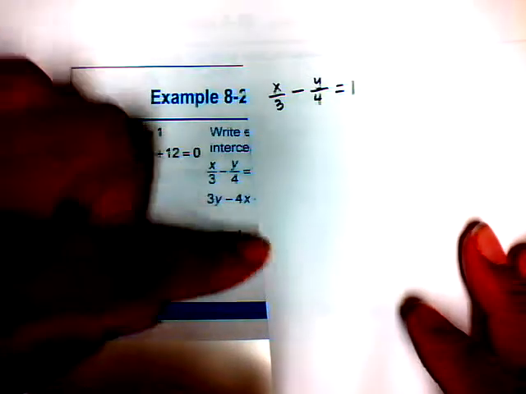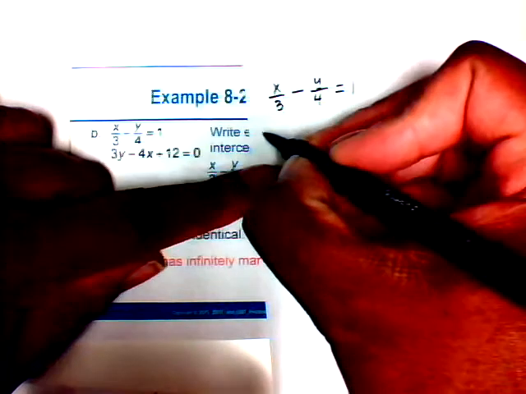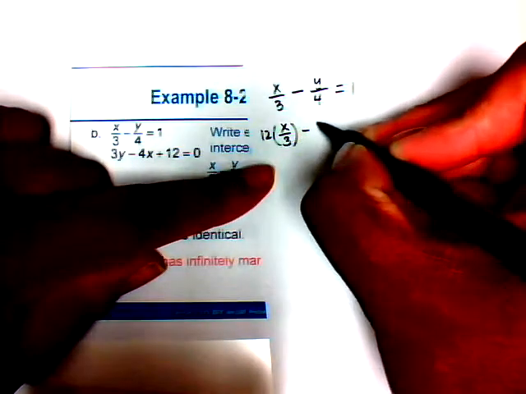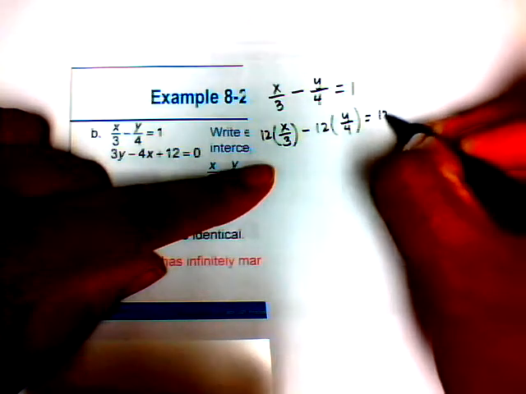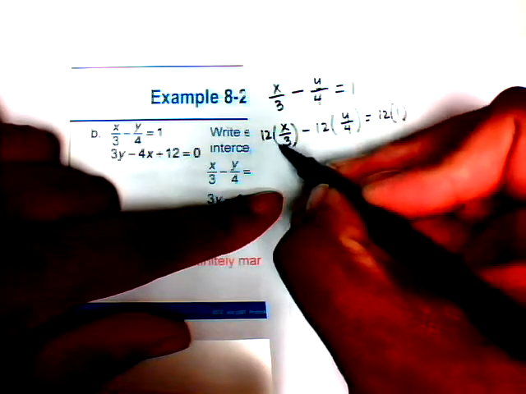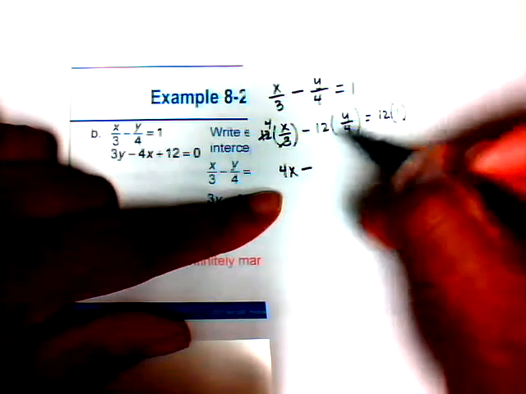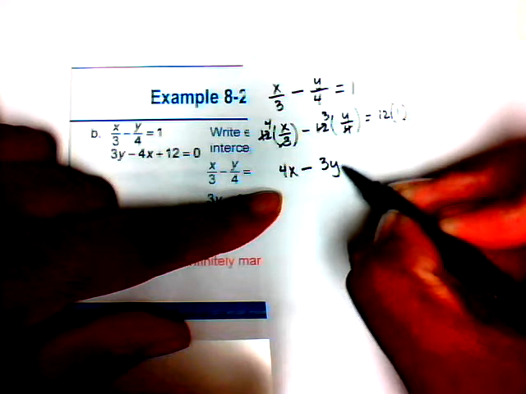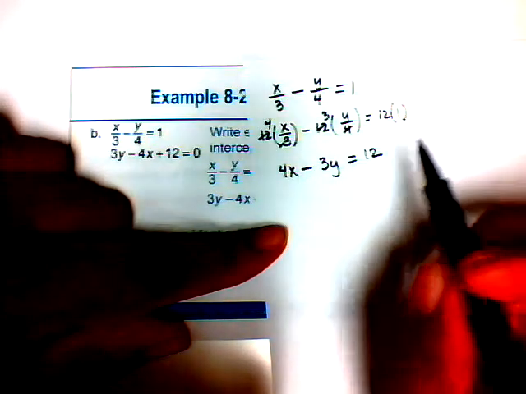Now, in this case, the common denominator of 3 and 4 is 12. So it will be much easier to multiply each and every term in that equation by 12. So now 3 goes into 12 4 times, so now that's 4x, minus 4 goes into 12 3 times, so now you've got 4x minus 3y is equal to 12 times 1, which is 12.